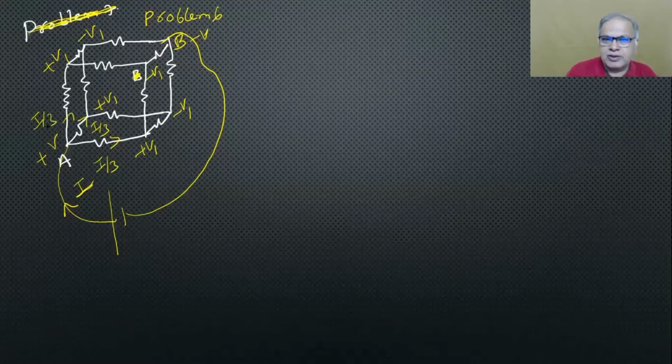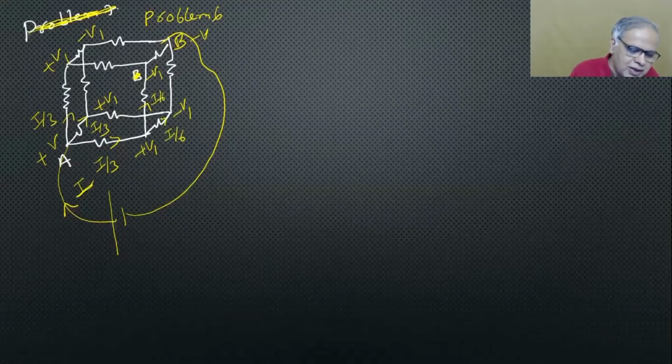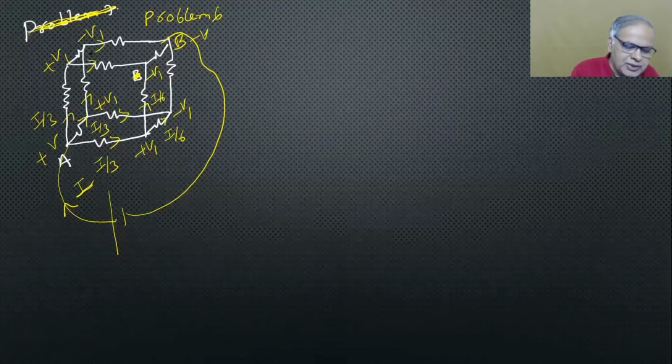All across, the symmetry is maintained. If there are 3 resistances equal, you can't divide otherwise. From this entry to exit point, the same symmetry is maintained. R, R, R, R, R, R, R, R. Then I can divide like this: I by 3, I by 3, I by 3. Now, will it become I by 6 into this and I by 6 into this, children? And similarly, I by 6 into each of these.